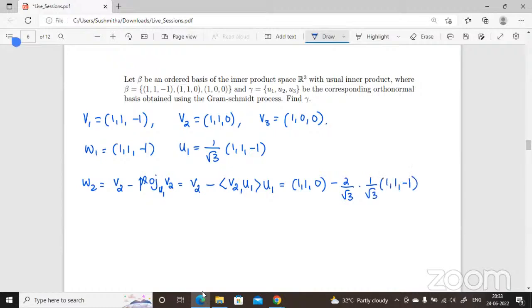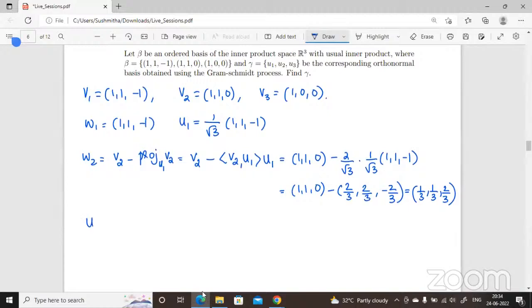Right? Yes, ma'am. So this is (1, 1, 0) minus (2/3, 2/3, -2/3). So this is (1 - 2/3, 1 - 2/3, 0 + 2/3), that is (1/3, 1/3, 2/3). Okay.